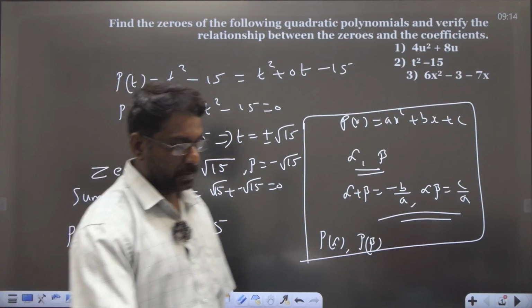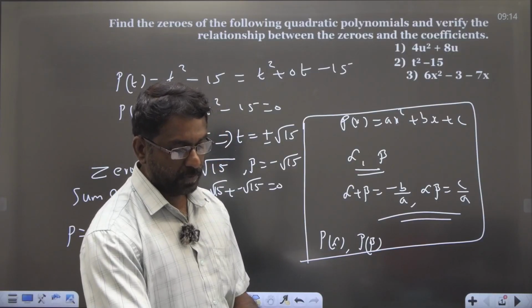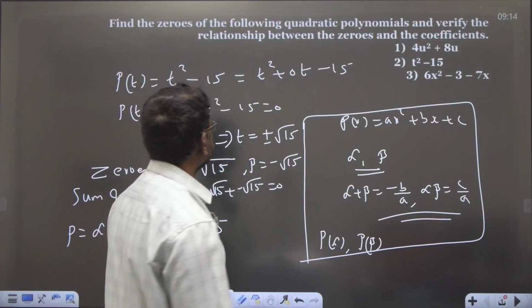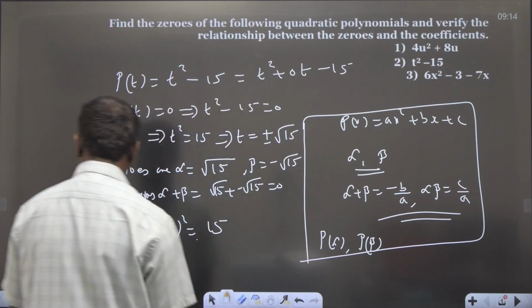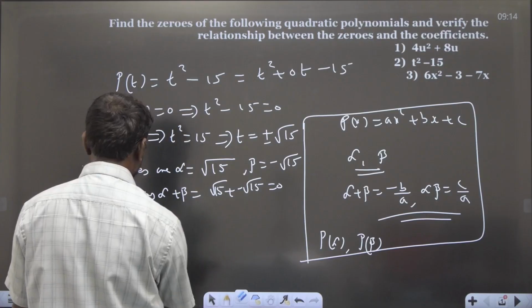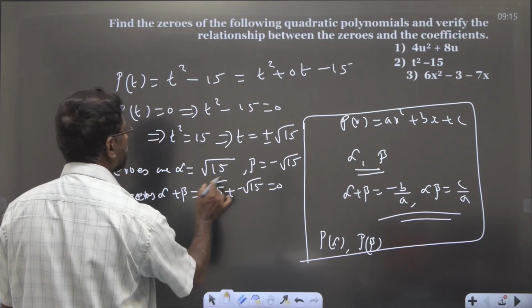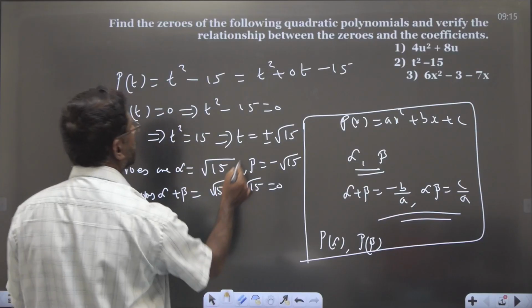Okay, then how can we verify it? The zeros are alpha and beta. What is alpha?